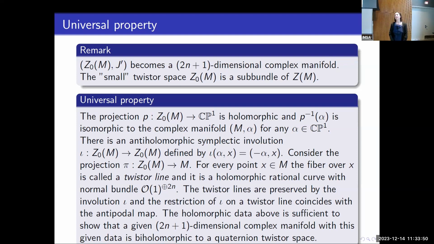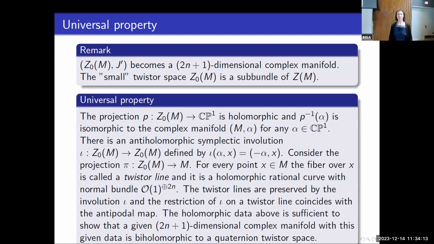And you have the universal property that if something looks like a twistor space, then it is a twistor space. And here's the data that you need to fix for some space to be a twistor space. Well, the twistor space comes with two fibrations.